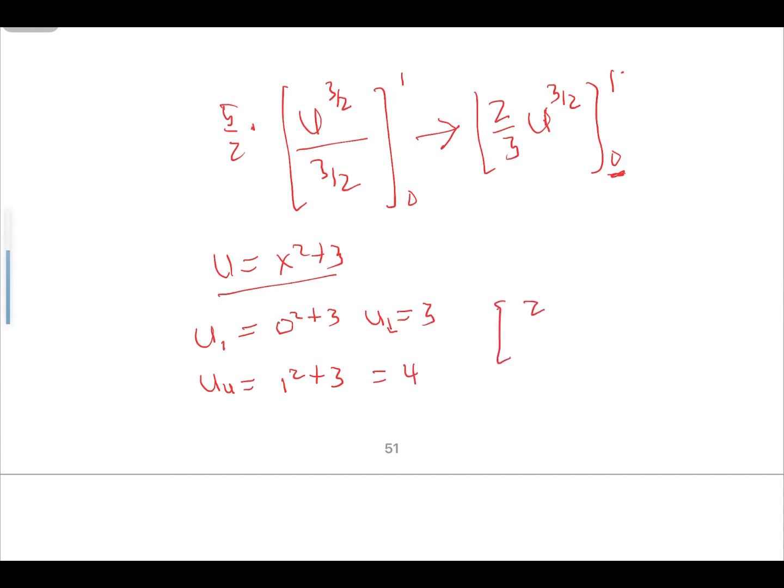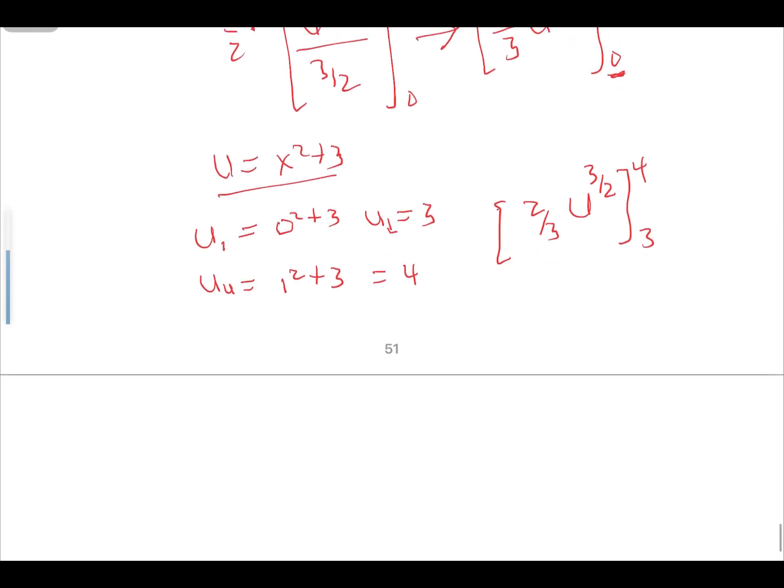Therefore, this 2 over 3 u power 3 over 2, you can also write with limits 3 to 4. From here, you can substitute directly, which is 2 over 3 times 4 power 3 over 2 minus 2 over 3 times 3 power 3 over 2. This is upper limit minus lower limit.